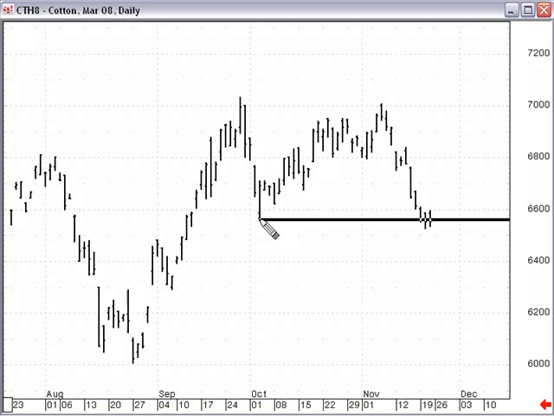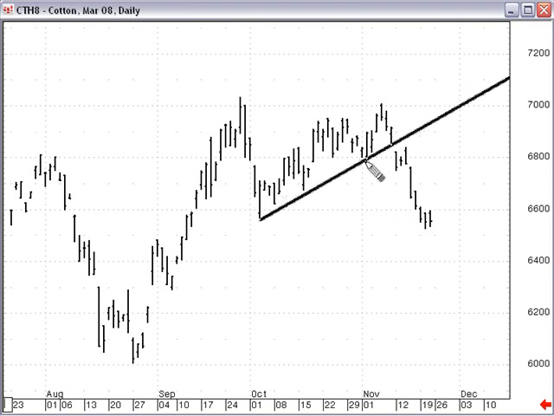And again over here, I'm just simply connecting two extremes, two lows, right here and right here. And as you can see, there was a gap below the trend line. Again, these are very reliable trend line trade setups. They don't occur that often, but when they do, again, they're very reliable. And this is how I like to trade them.